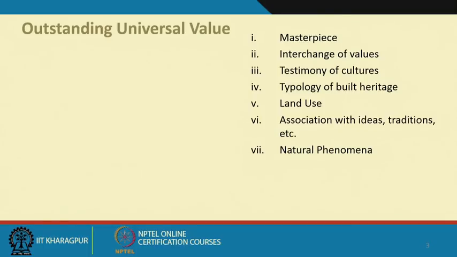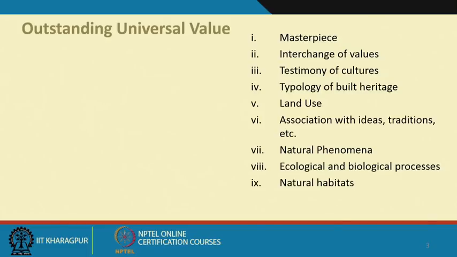So, the 7th was natural phenomena, the 8th was ecological and biological processes, the 9th natural habitats, and the 10th is biological diversity.